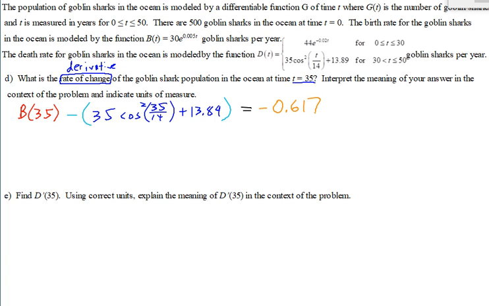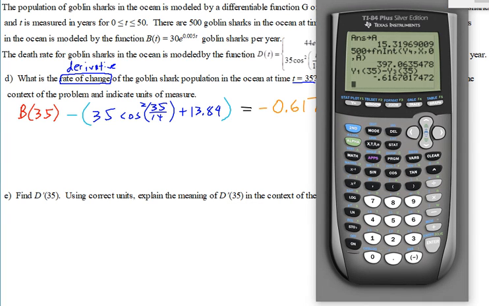And the units for both of these are goblin sharks per year, so that's what it is. Or actually the other way you could type in, let's save you just a little bit of time. Remember we already put in y1 minus y3 is y5, so you actually could just go vars y variables y5 of 35. So we get the same thing.